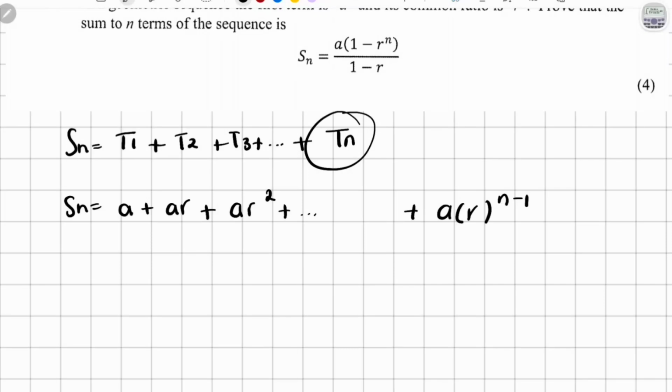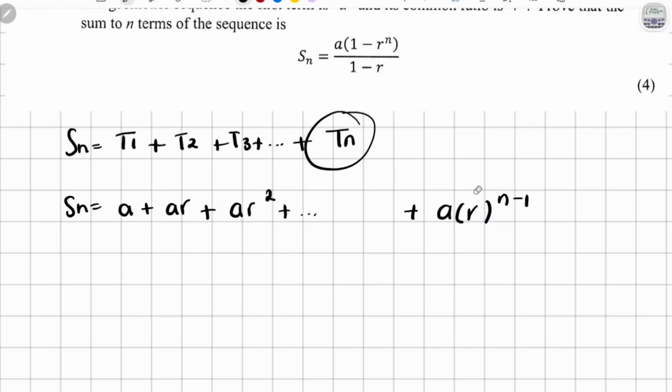Think about it like this. You see that when we were moving forward, the exponent on r kept increasing. The reason you have an a here is because the r has an exponent of 0. Anything to the power of 0 is 1, and a times 1 is just a. And so here the exponent was 0, and then an invisible 1, and then a 2, and then it will be a 3, and it just keeps increasing like that.